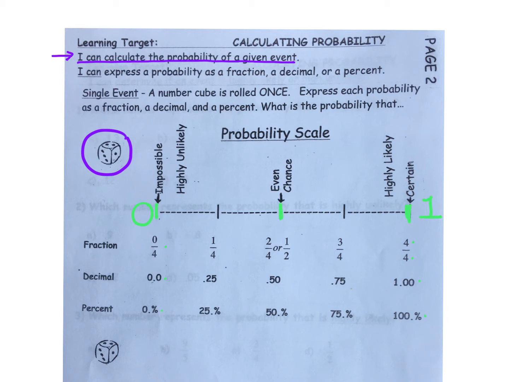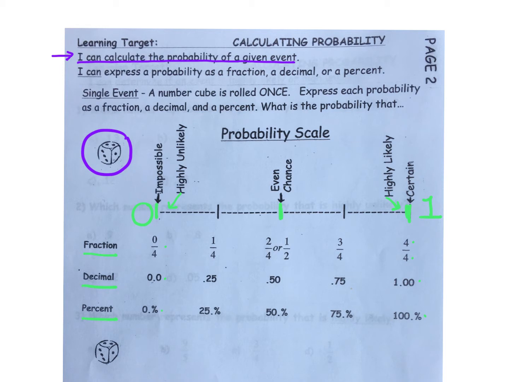The middle is an even chance, and then close to 0 is highly unlikely, and close to 1 is highly likely. Now that our scale is completely labeled and we have important increments in fraction form, decimal form, and percent form, we can calculate some simple probabilities.